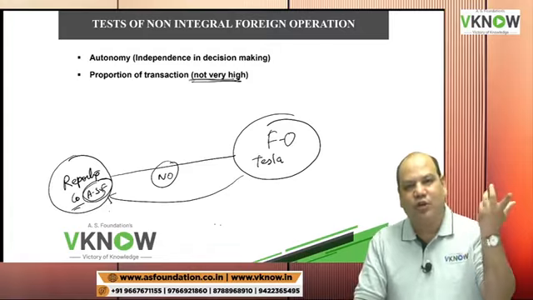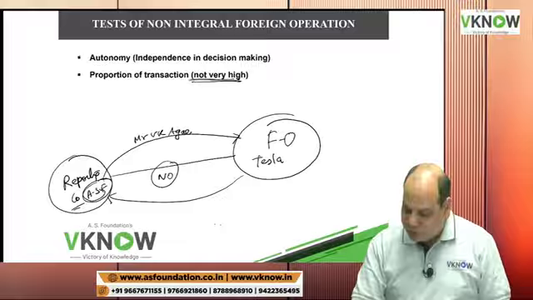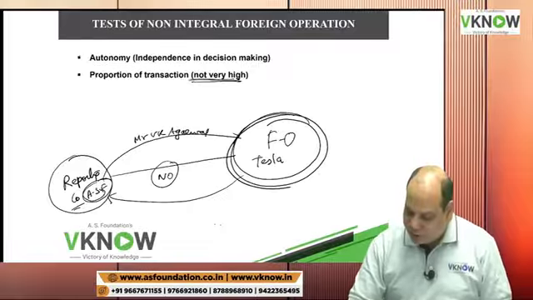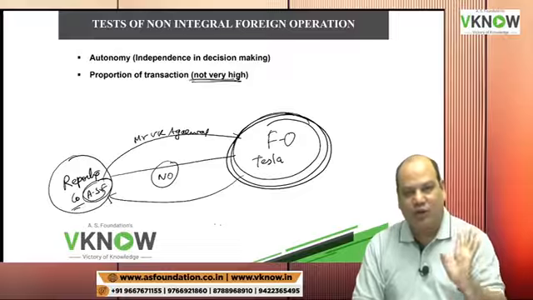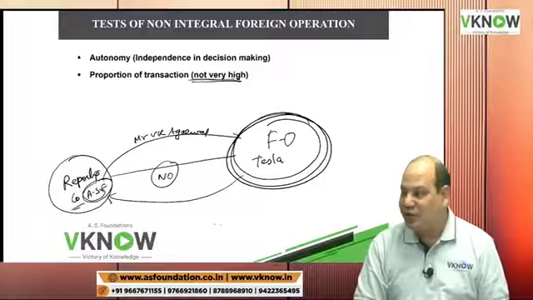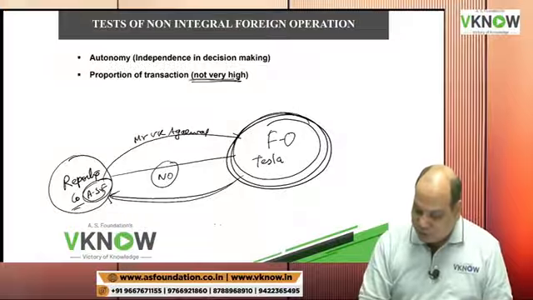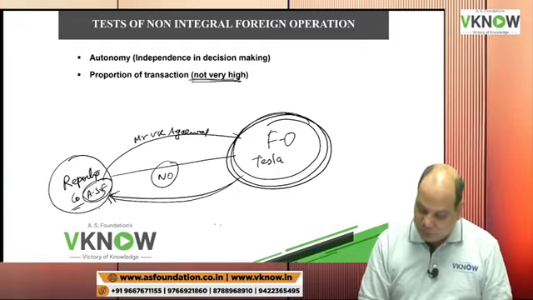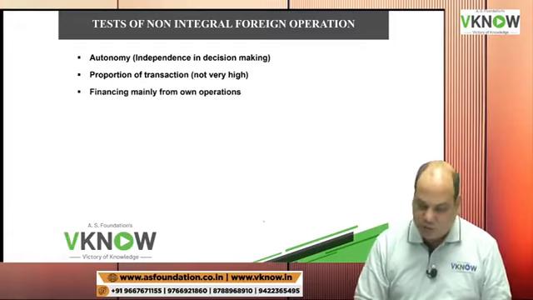Only one car for the entire year. And ASF CFO, Mr. Vinod Kumar Agarwal, he just went one time in the space using their Tesla's space tourism program. These were only two transactions. Means number of transactions are not very high. That was just an example to make you understand that if the number of transactions is not very high, then the foreign operation is a non-integral foreign operation. Is it right?